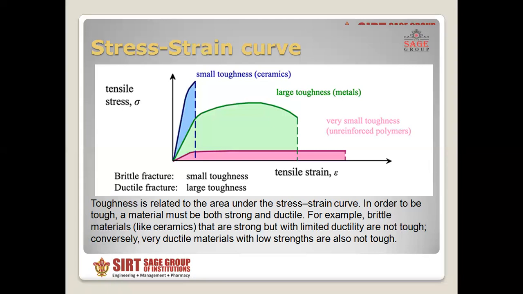Because the area under the curve is more, if strength is more and ductility is more, then definitely the area under the stress strain curve is more. So toughness is basically a material property which indicates that the material has good strength and good ductility. So if you say a particular material has good toughness, that means it has a good combination of strength and ductility.